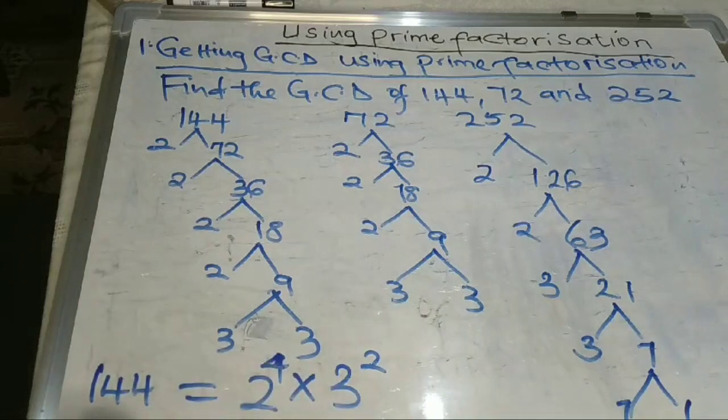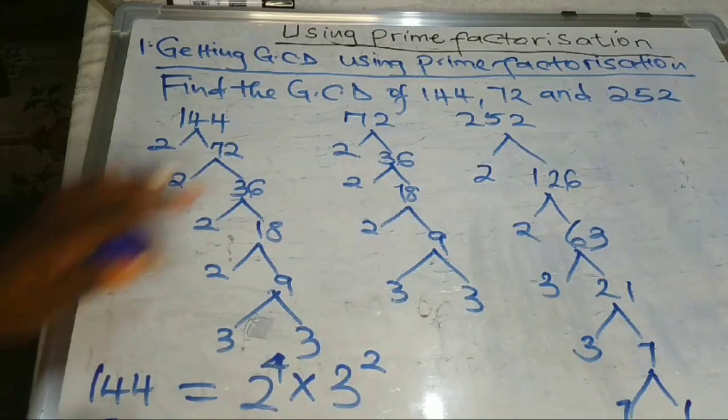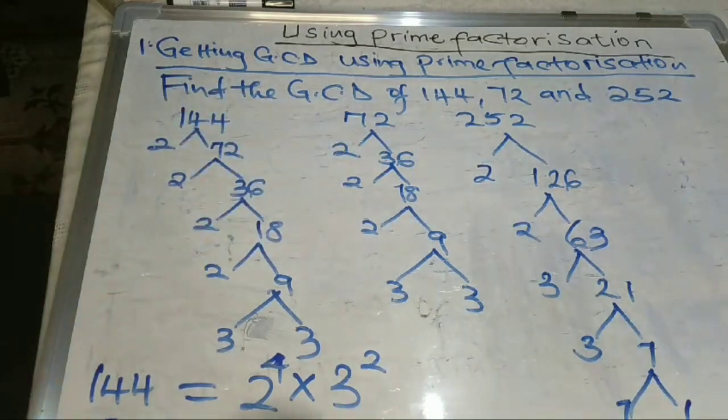Then 72 is equal to 2 to power 3 times 3 to power 2. Then finally 252 is equal to 2 power 2 times 3 power 2 times 7.